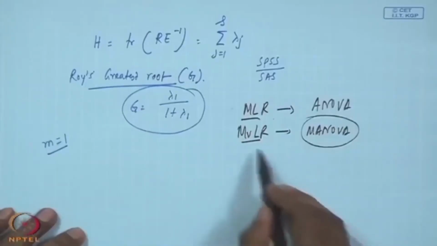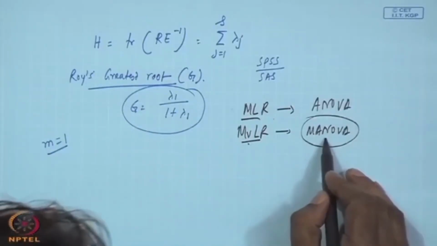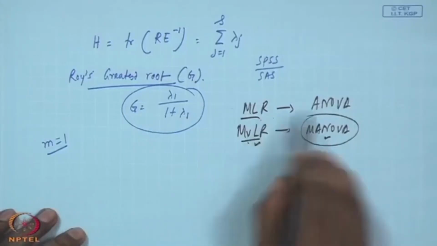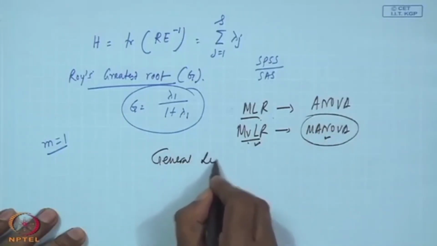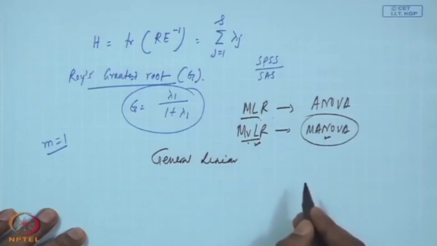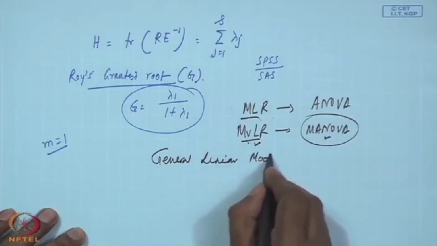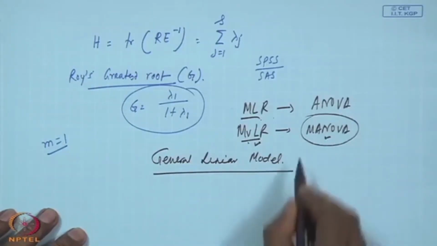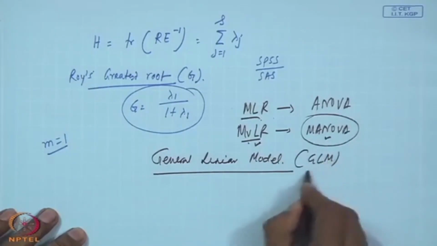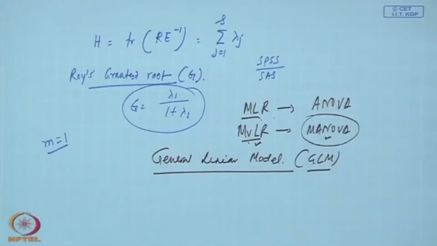So MANOVA and MBLR, all those things come under the general linear model. If you go to SPSS or SAS, there will be a link GLM. Okay, any question? Thank you very much.